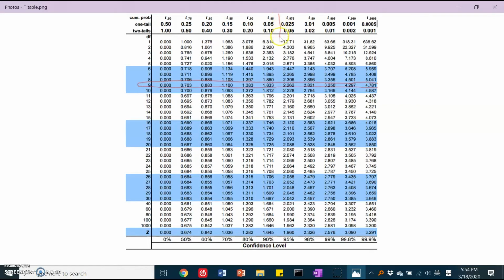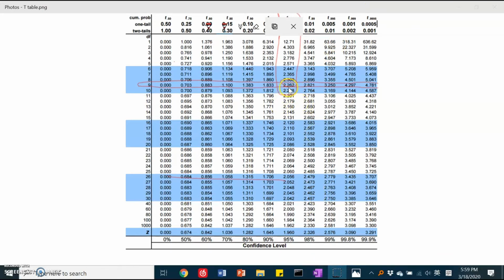So here is the column we are looking at, two-tailed test with a significance level of 0.05, and we want to look at this intersection here. So the critical t-value we identified given a sample size of 10 is 2.262.